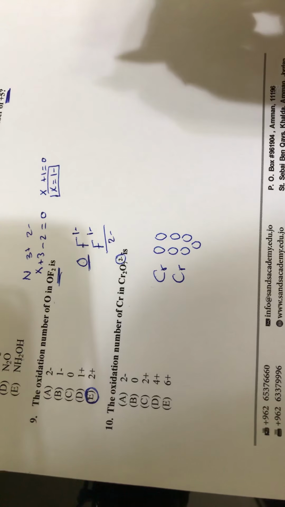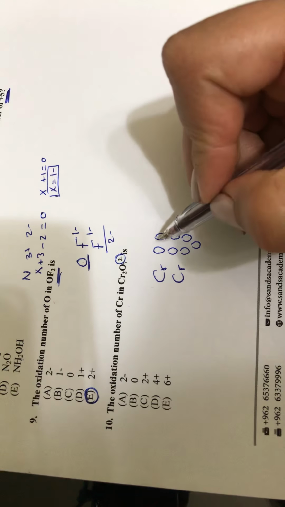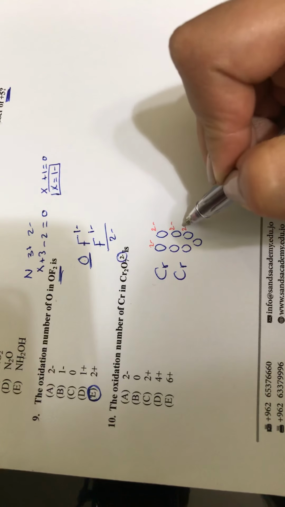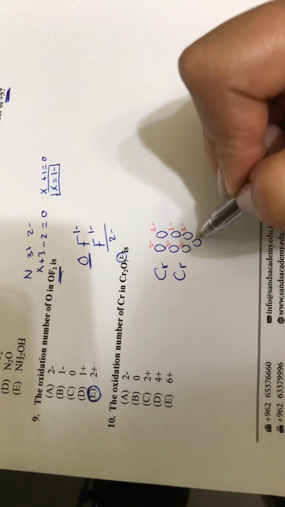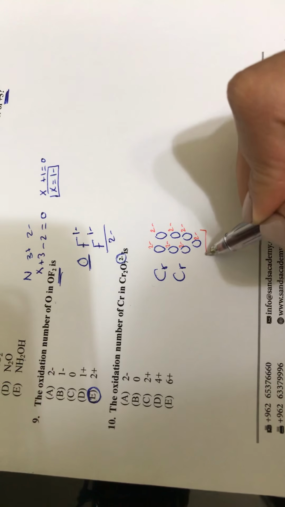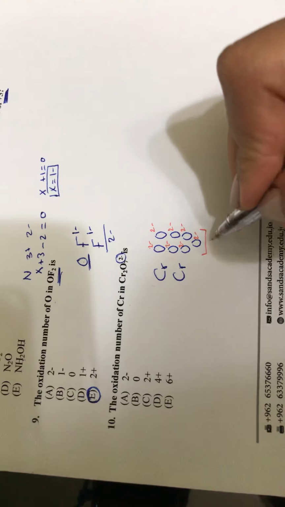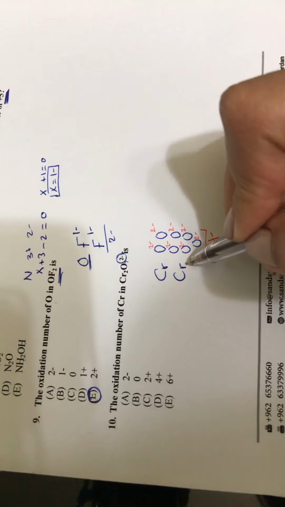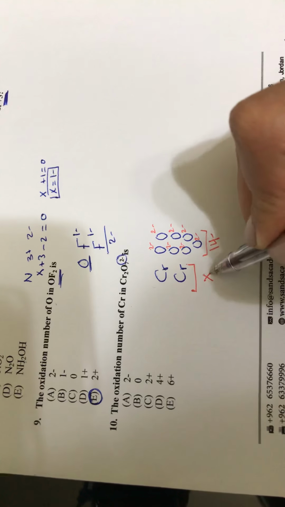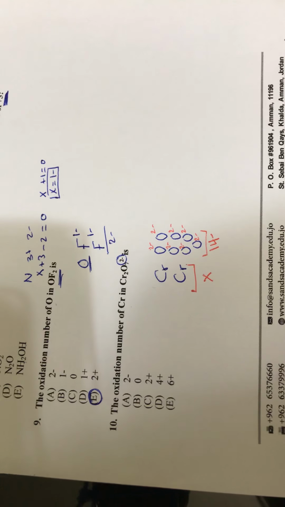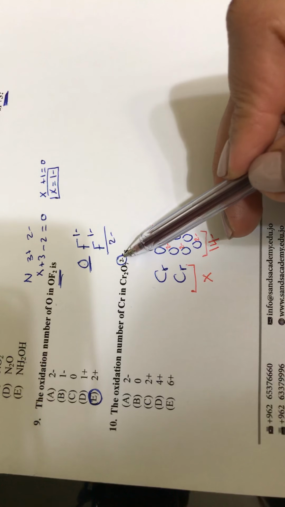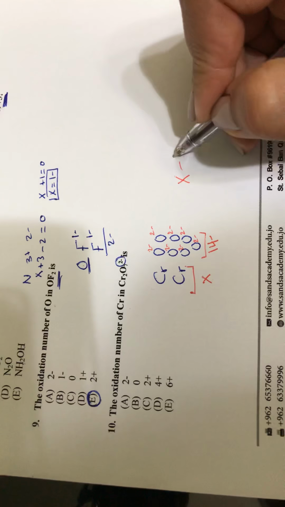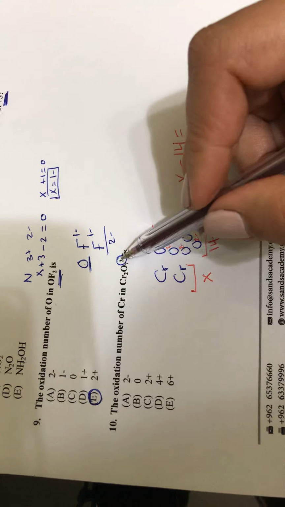Now, according to the rules, oxygen carries -2. So here the total is -14. And here X, you have to calculate it. So it's a charged molecule. So when you add the oxidation numbers to each other, it must be equal to the charge.